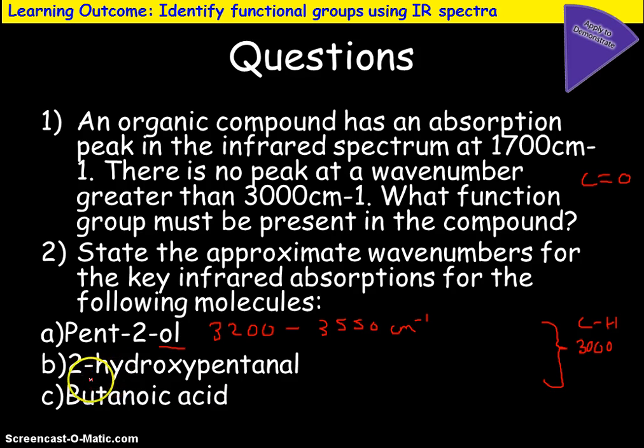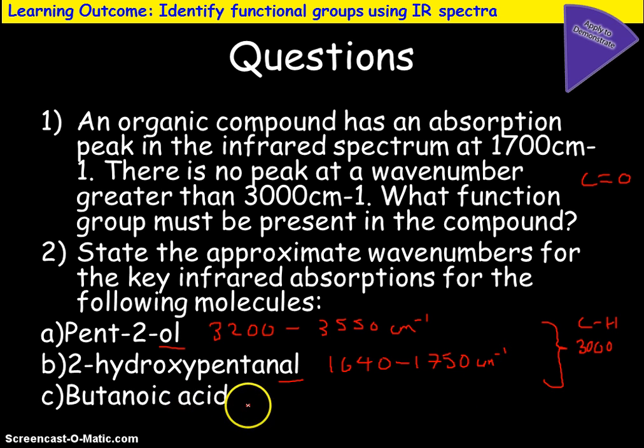In this case, we've got 2-hydroxypentanal, so the -al bit tells us it's an aldehyde, 2-hydroxy, so this bit is an OH group, so we're going to have the same bond vibration, but we're also going to have for this one a bond vibration that corresponds to 1640 to 1750 centimeters to the minus 1.